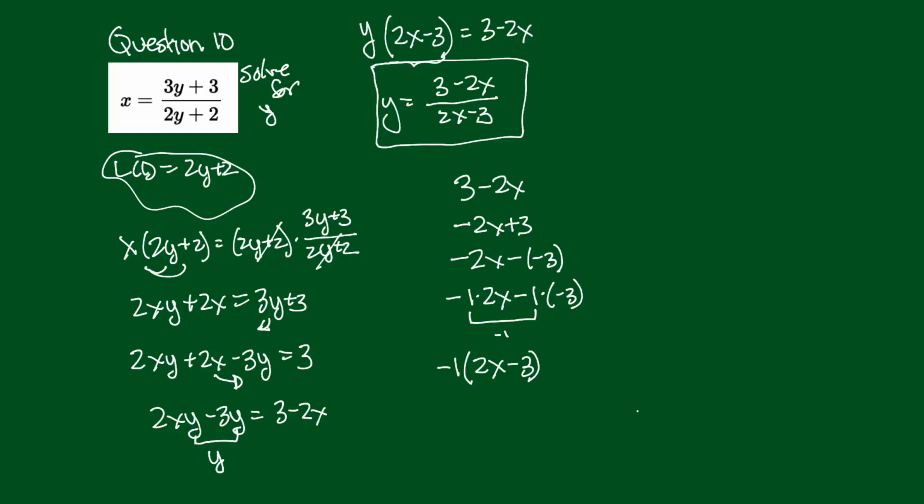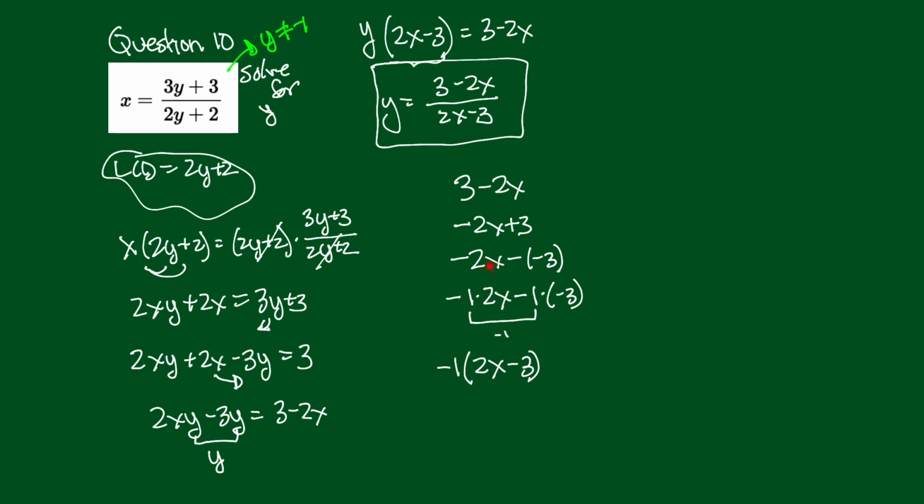All right, now then I've got this. Now just coming from right over here, we just played with this a little bit. Here's what I'm going to have. I would have y equals, now that 3 minus 2x, we just saw I could write that as negative 1 times 2x minus 3 over, okay, that's this part right here, over the 2x minus 3. And that cancels, and then I get this, y equals negative 1. All right, so that's the top.